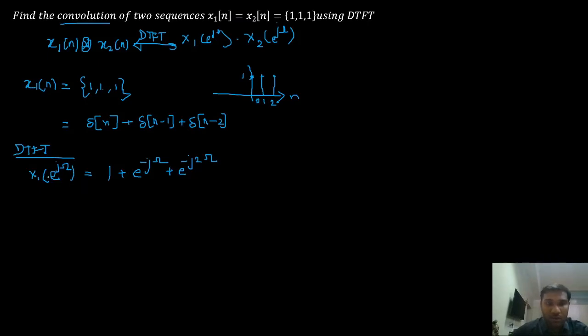So X1 of e power j omega into X2 of e power j omega is X1 multiplied by itself: 1 plus e power minus j omega plus e power minus j 2 omega, all squared.